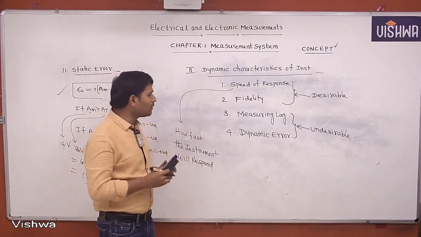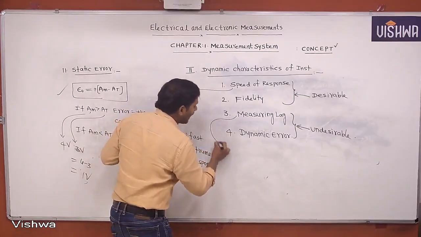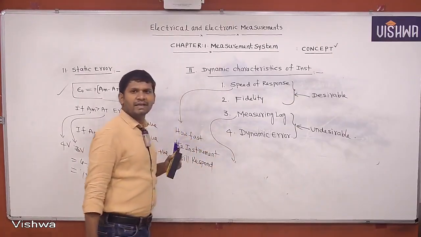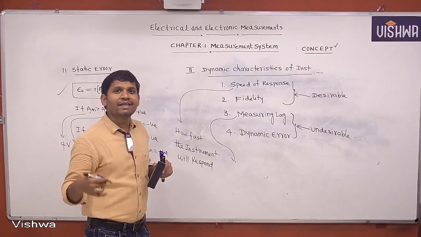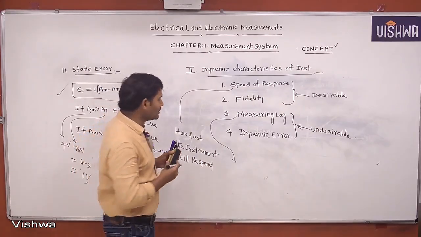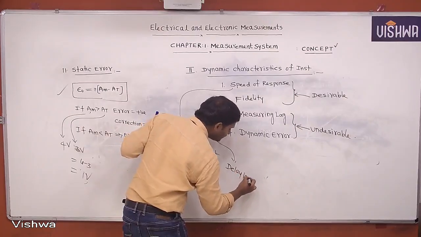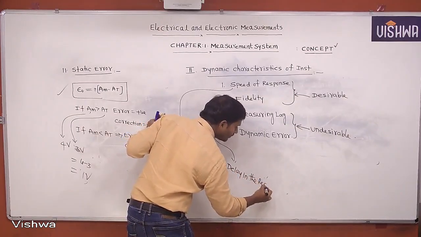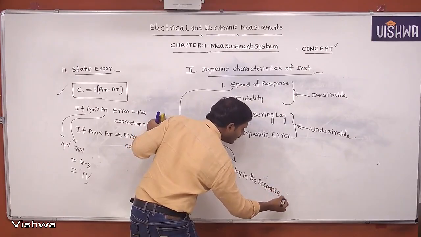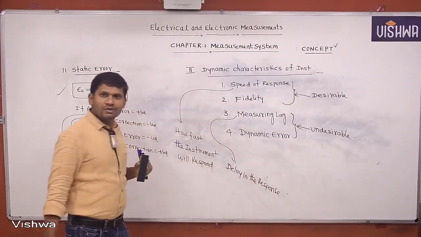Fidelity, that I will explain. What is the measuring lag? The name itself, measuring lag, is a delay in the response. Measuring lag is nothing but a delay in the response of an instrument.